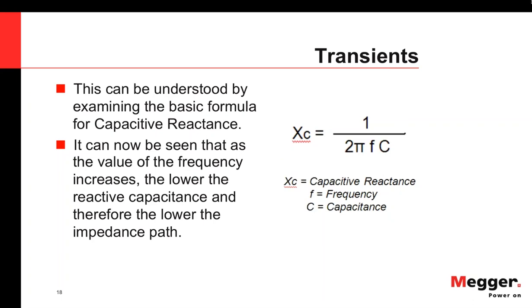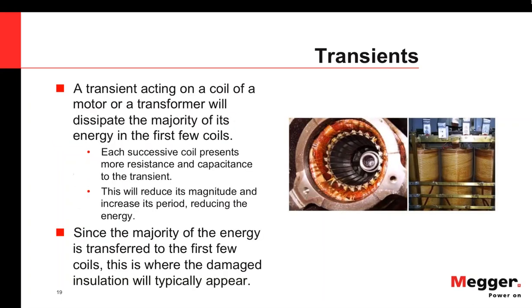So the impedance of the actual path across the insulation goes down. So basically, the higher that frequency or the higher the magnitude, the more destructive it will be to the insulation of the wiring and also motors, transformers, anything that has insulation.